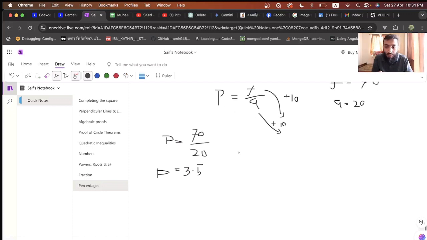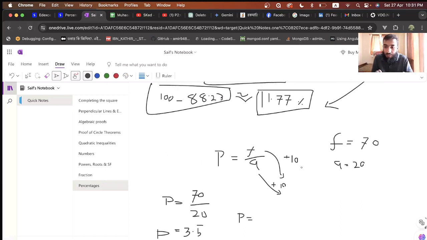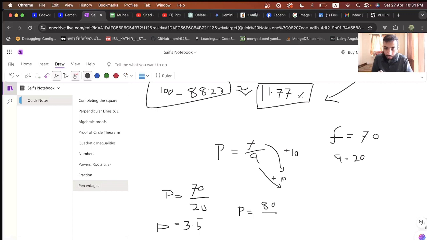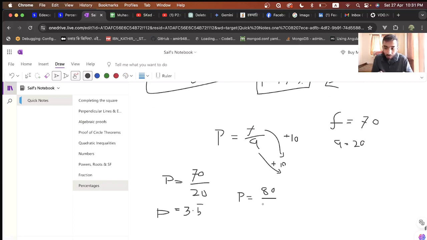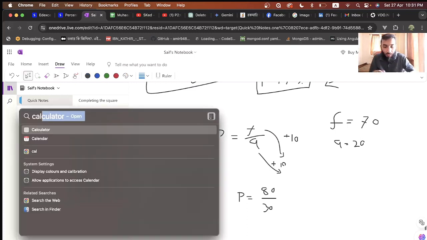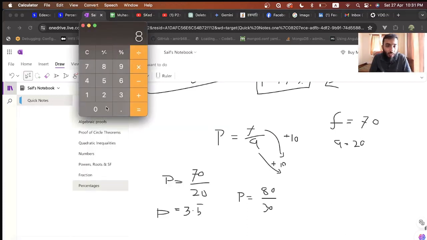And what is the latest pressure? The latest pressure is 70 increased by 10, which is 80, and the area 20 increased by 10, which is 30. So if I use the calculator, 80 divided by 30 is around 2.6667.